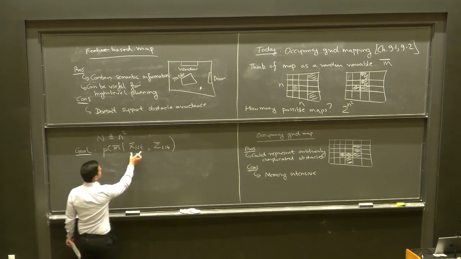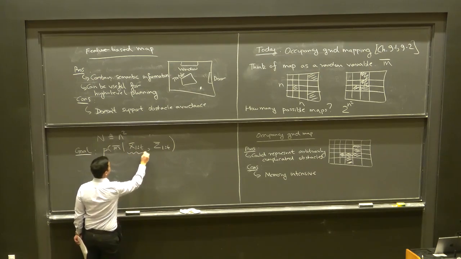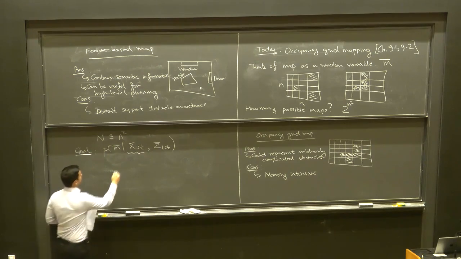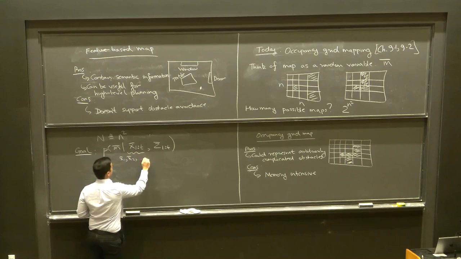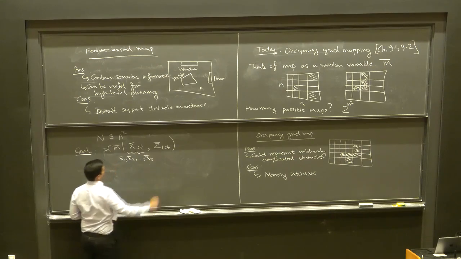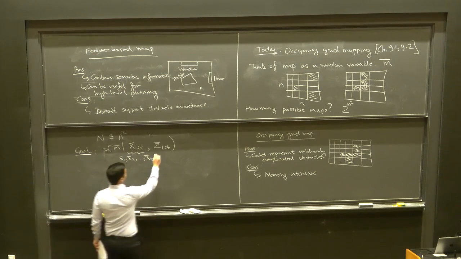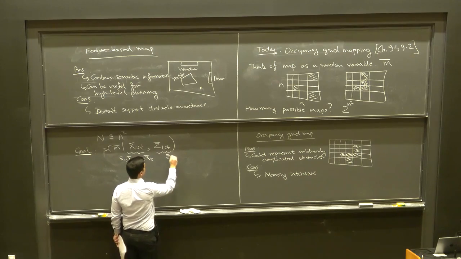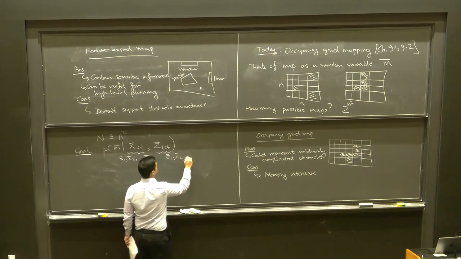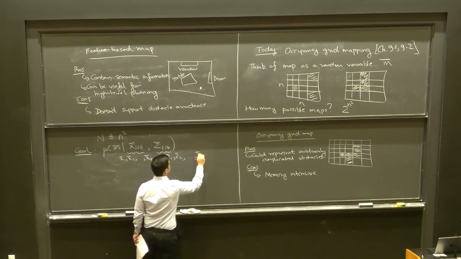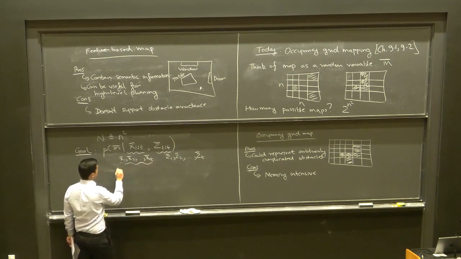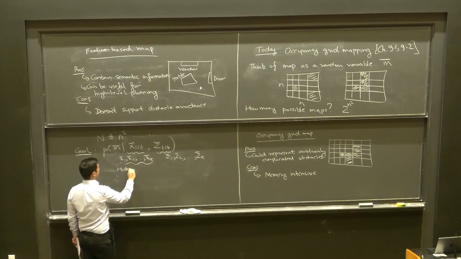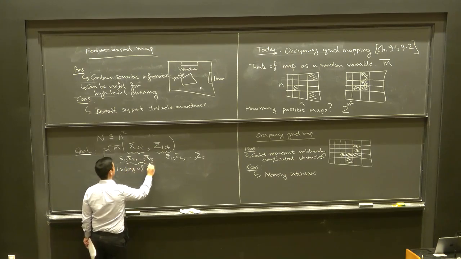So this x1 colon t is just shorthand for x1, x2, up to x at time t, and this is shorthand for z1, z2, and z up to time t. So this is the history of states.